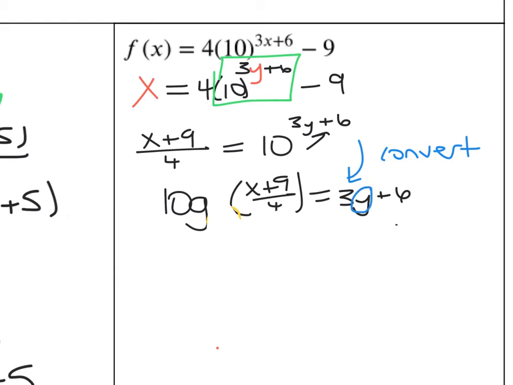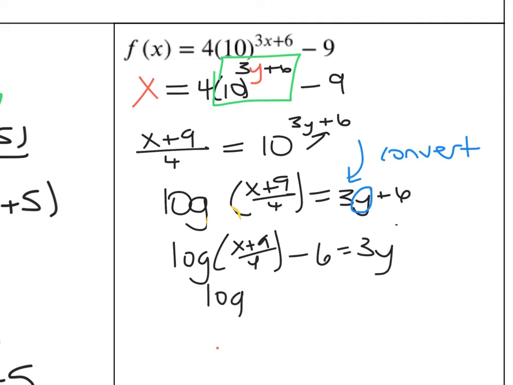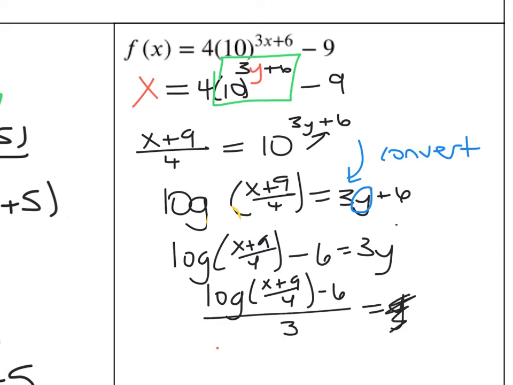I'm going to minus 6, so log of x plus 9 over 4 minus 6, and divide by 3. Make sure everything is over 3, and then we'll replace y with f inverse of x.